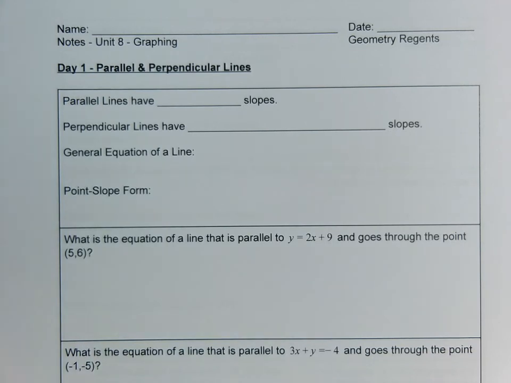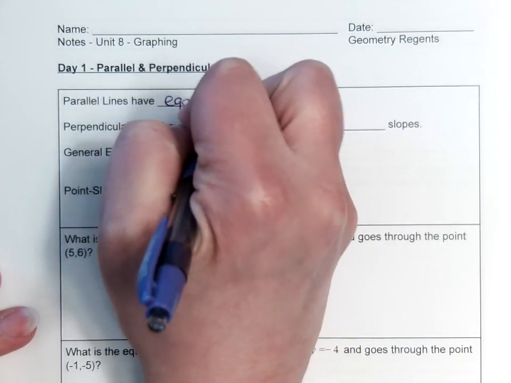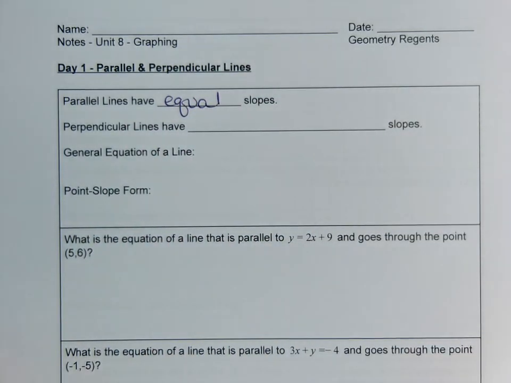Back when we were talking about parallelograms, we said that those opposite sides are parallel, and we know that they're parallel because they have equal slopes, or the same slopes.